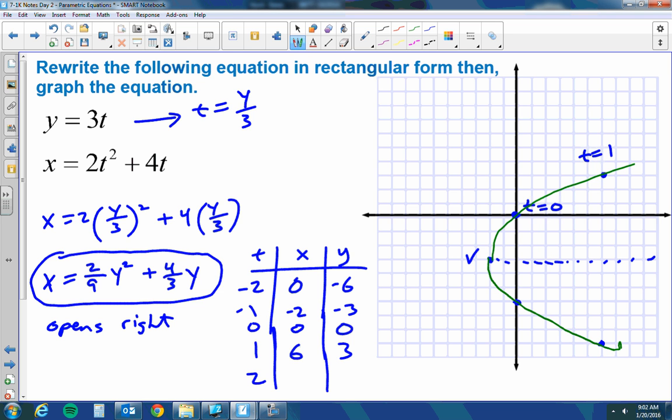And how do I indicate the direction of motion? Going up or going down? Time 0 is here, time 1 is here, so I'd say I'm going up on the parabola. See what I'm saying? All you have to do is one arrow, but one's better, I would say.